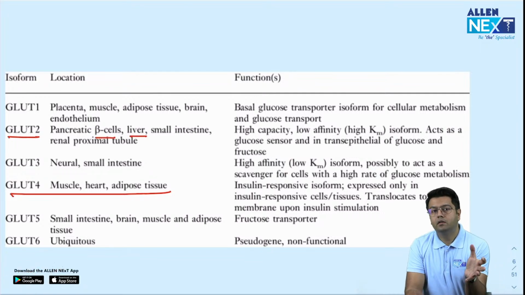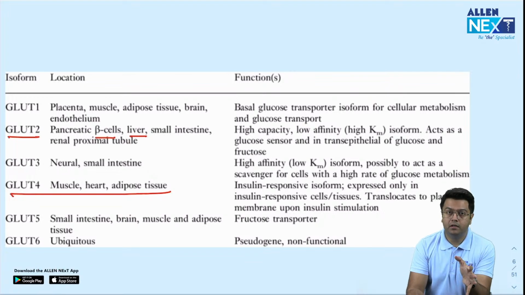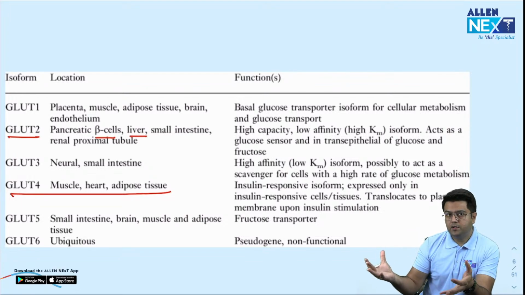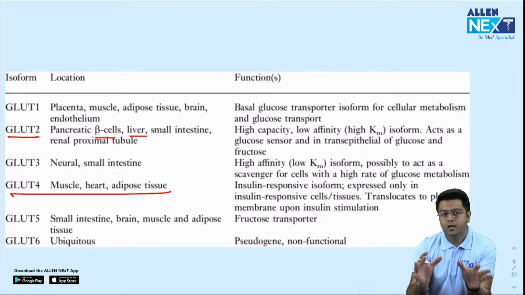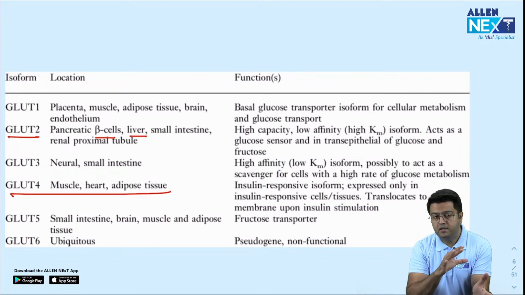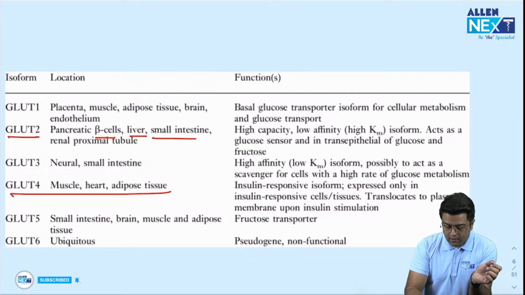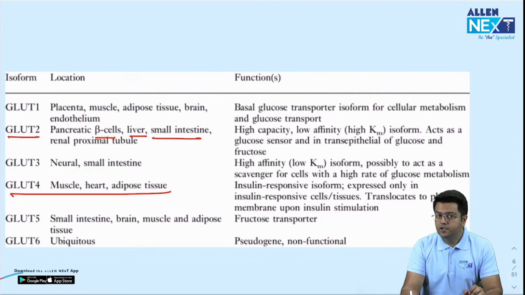Guys, in the liver, the GLUT2 is bidirectional. Bidirectional means it takes the glucose and stores it as glycogen, and once the glycogen is broken down, it releases the glucose. So GLUT2 is very important, and it is bidirectional in nature, that you should remember. Okay. And it is also found in the small intestine.